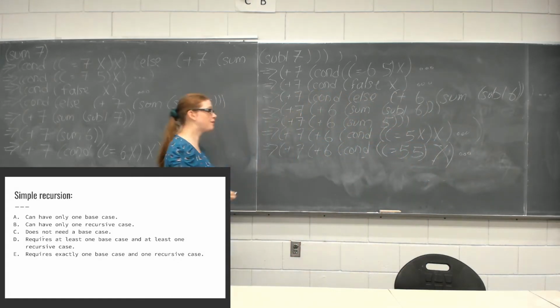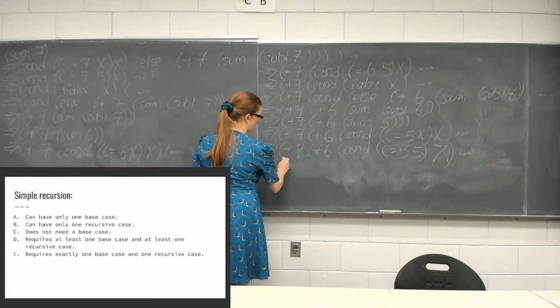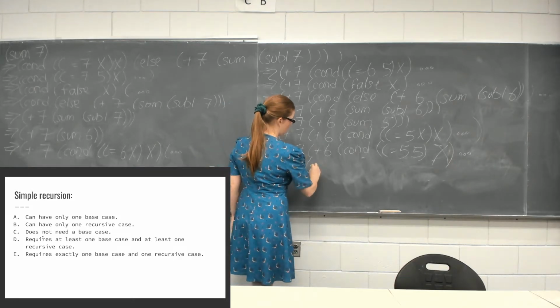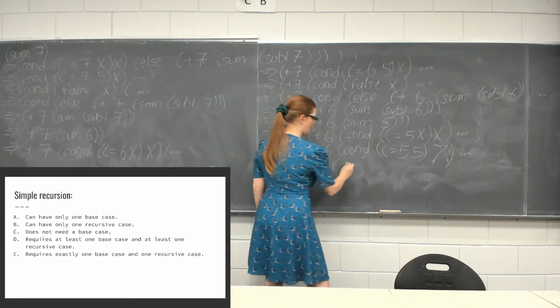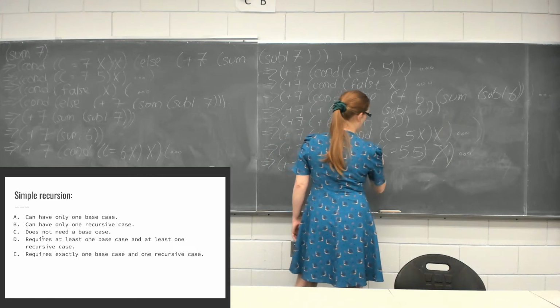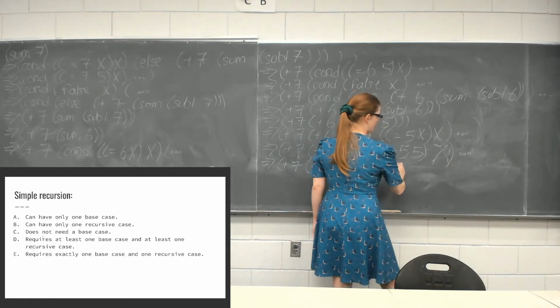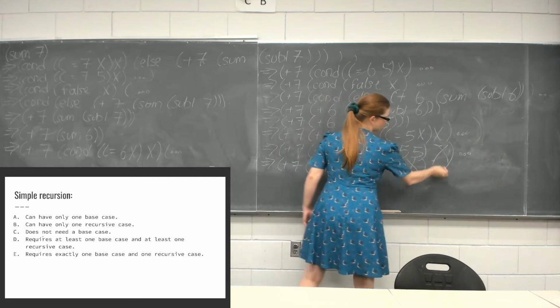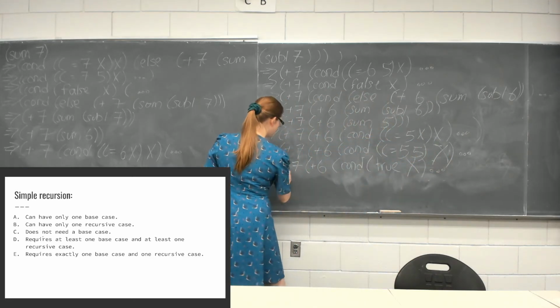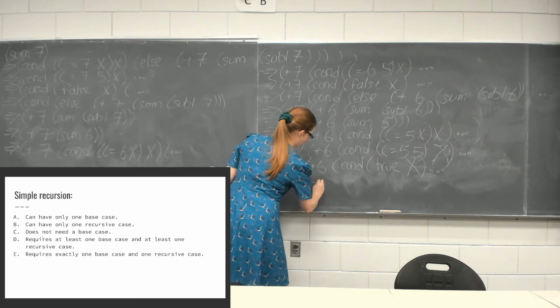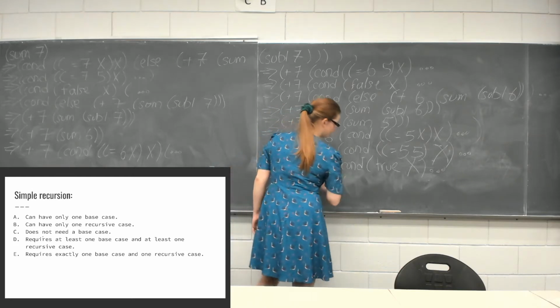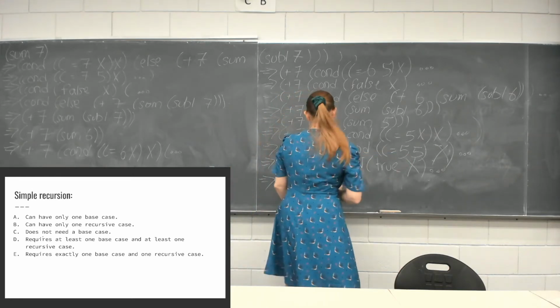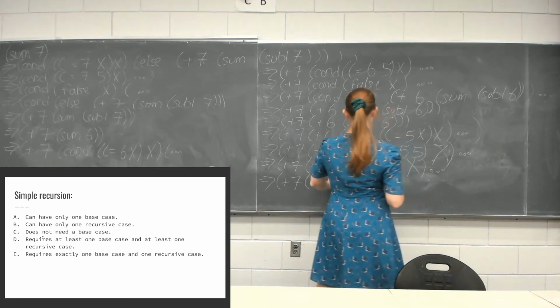Five is equal to 5. And so we're going to replace it with the body, which in this case is just x.